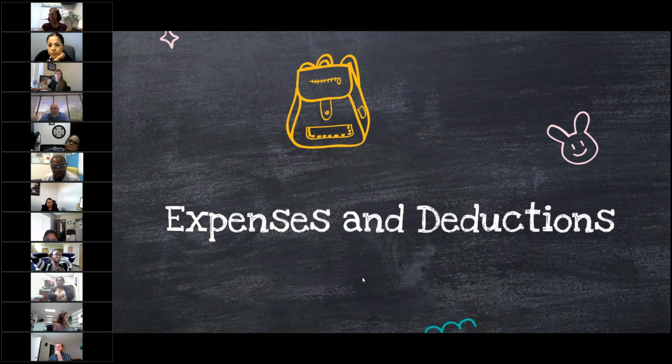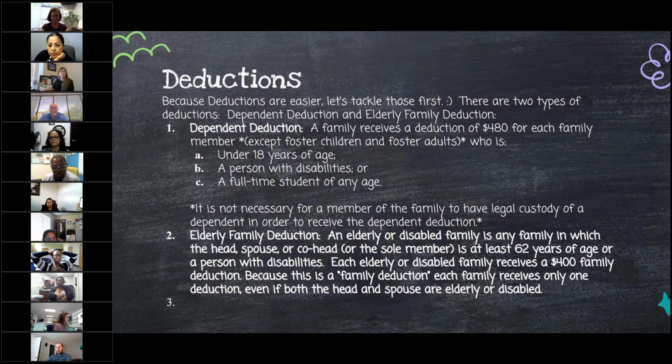All right. Let's jump into expenses and deductions then. So deductions are easy, so let's start there. The dependent deduction for every household that's for every dependent in the amount of $480.